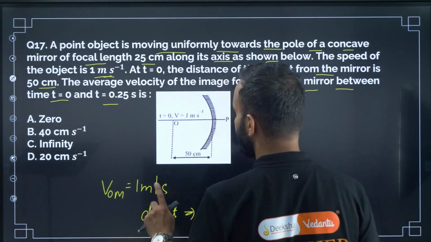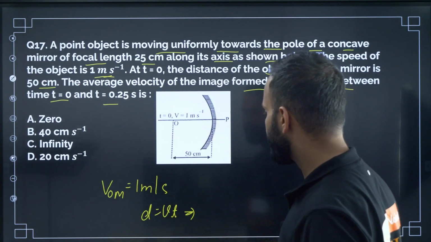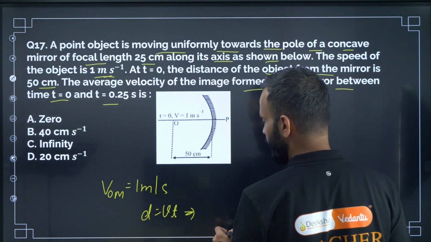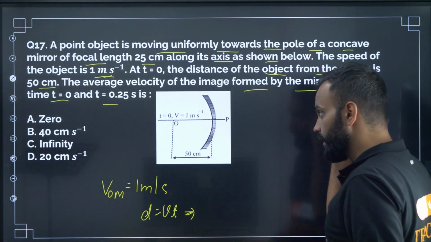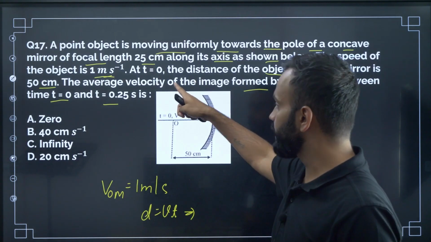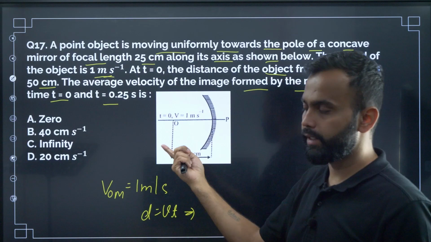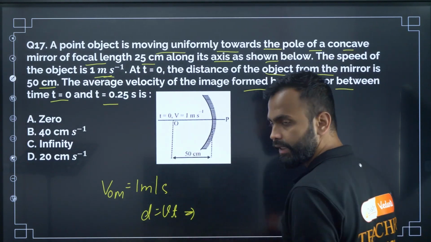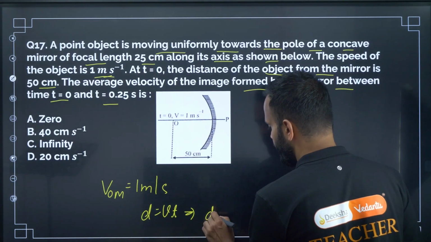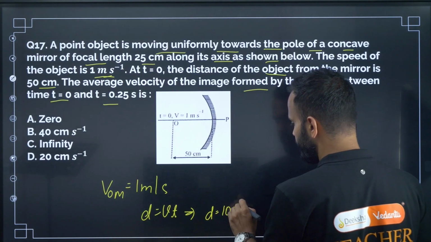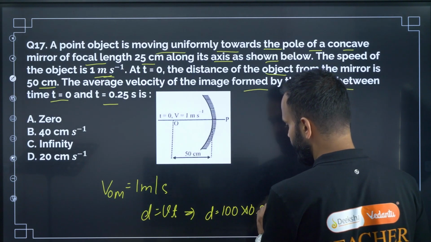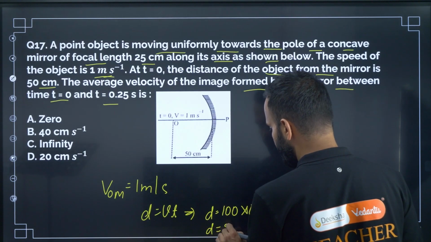That is distance traveled by the object is equal to velocity into time t. Velocity of the object is 1 meter per second, t equal to 0.25. But here everything is in centimeter, so 1 meter per second is 100 centimeter per second. So d is equal to 100 centimeter per second into 0.25, so distance d equal to 25 centimeter.